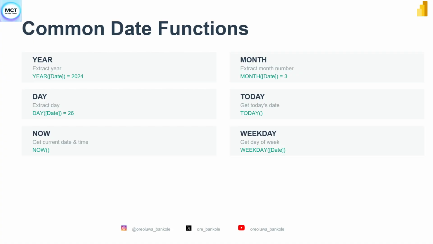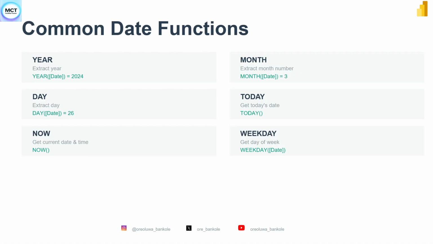Then we have the month. The month allows us to extract the numerical month of the date. So when we use month, it will return, for example, April, it will return 4 for you. Then we have day. Day returns the numerical day. Are you following? Which is usually between 1 to 30 or 31.